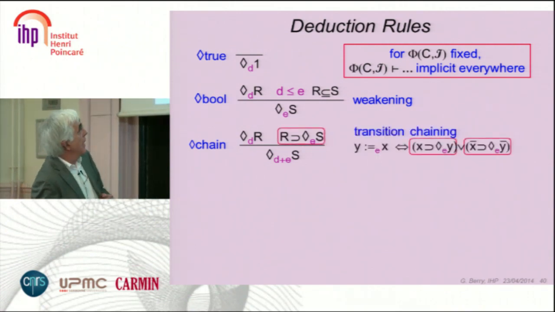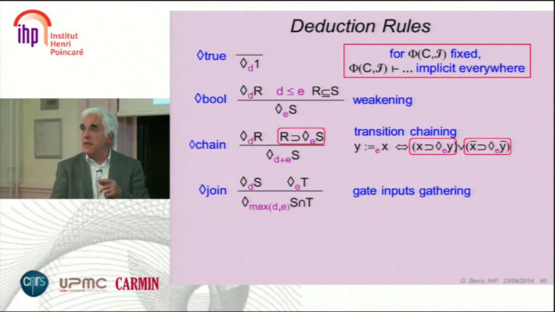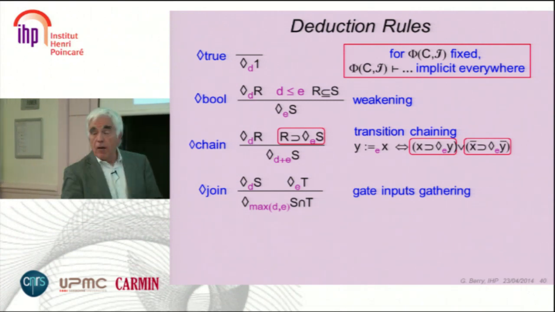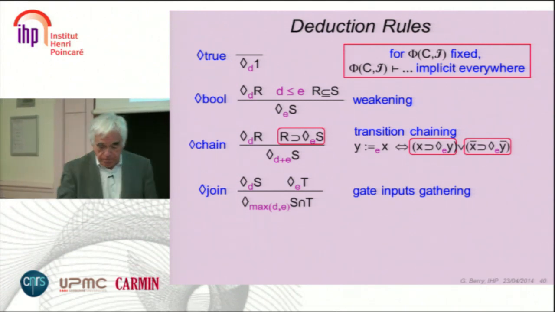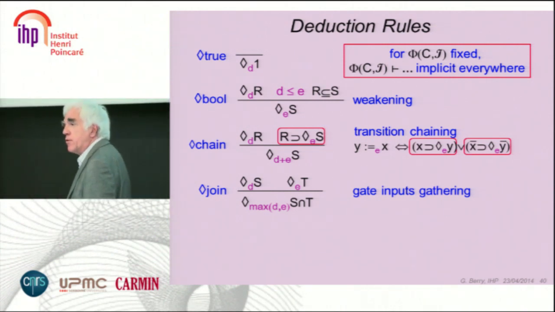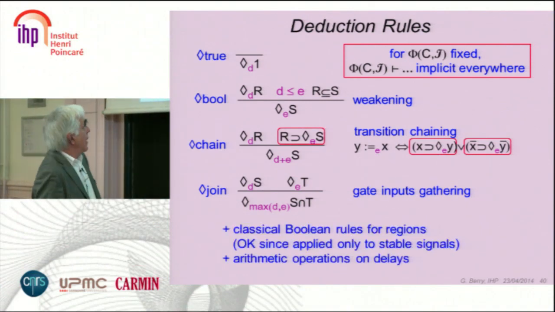And joining, which means that if two properties become true after delay D and E, then their intersection becomes true after delay max of D and E. Good. And then we see that the only thing that matters in the delays is max and plus.